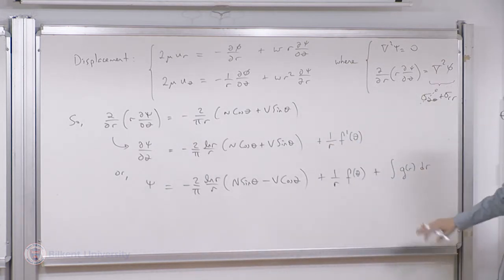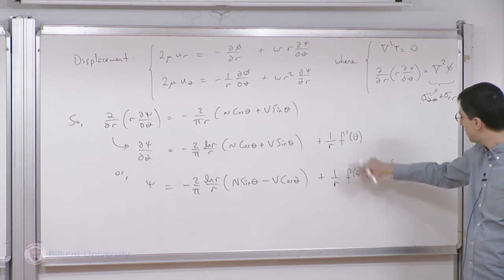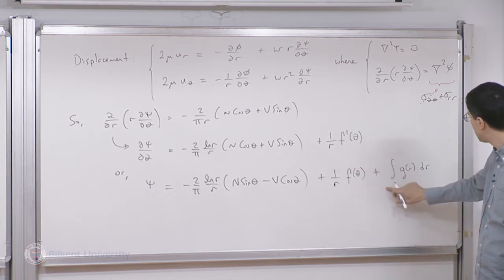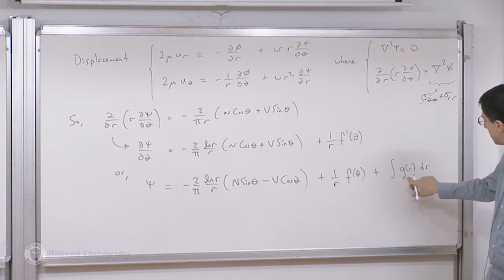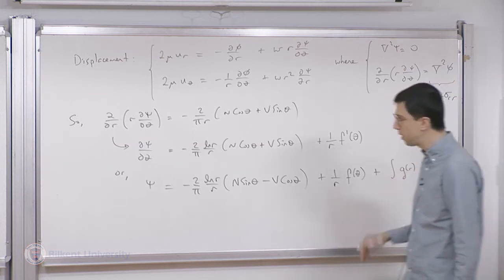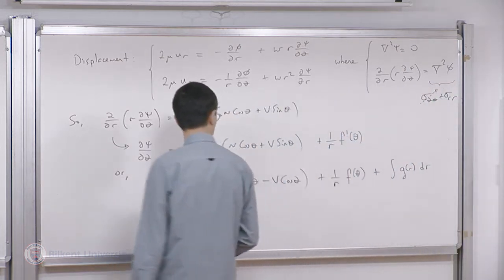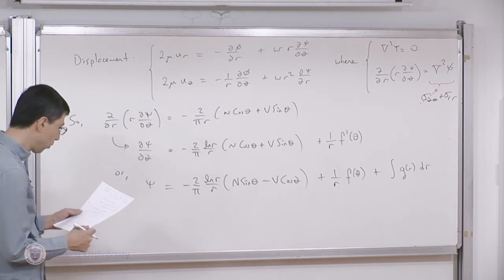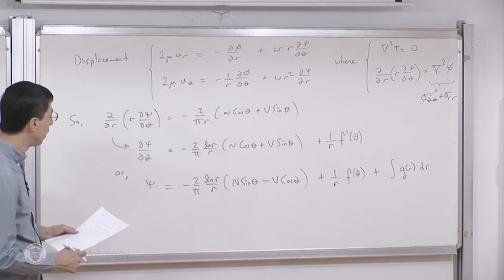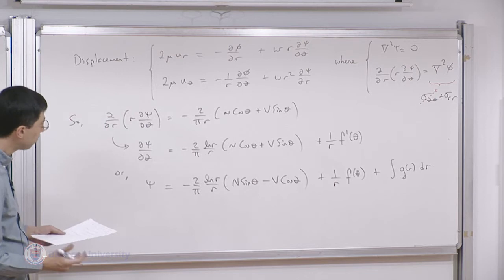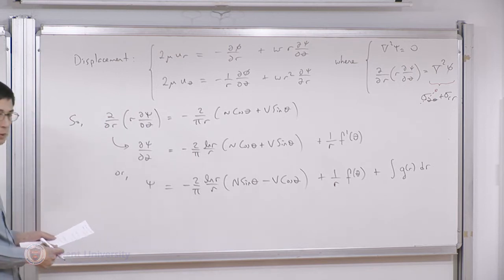So that's the general form. Again, here I put the prime just for convenience. I already made use of it. Here I introduced the function through an integral, and I'm going to make use of that convenience later on. So the functions f and g are now what we need to find out.